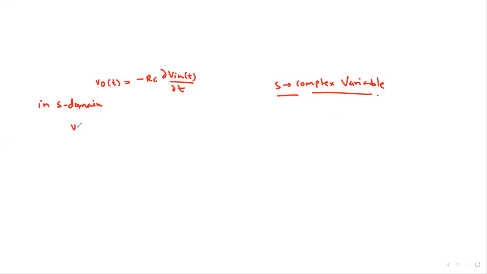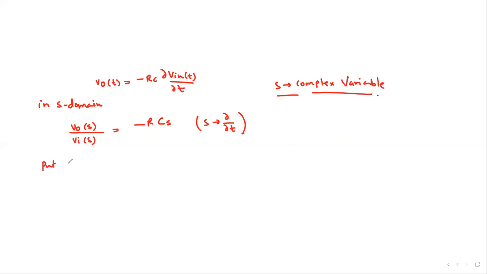So in the S domain, we see that VO of S divided by Vi of S, which is the transfer function, we take this Vin to the left-hand side. It can be written as minus RCS. Here we see that S is nothing but d by dt. So here is how we get that.